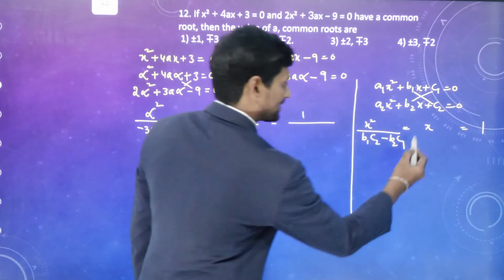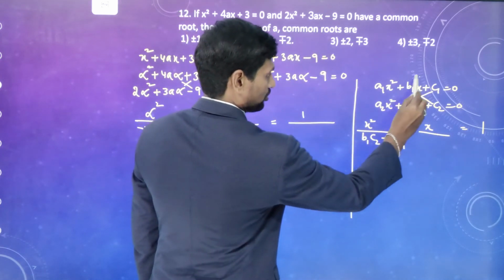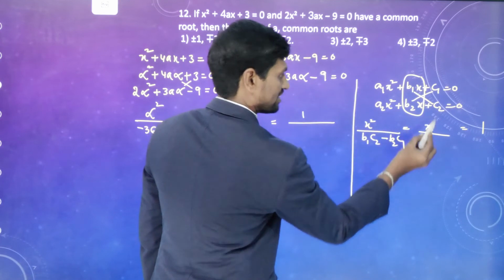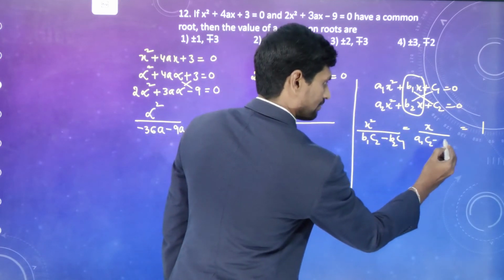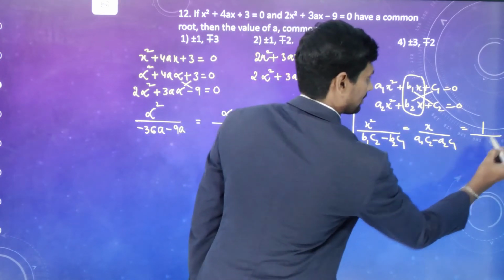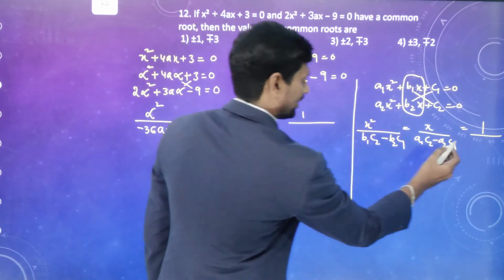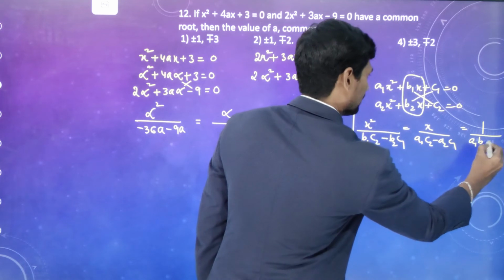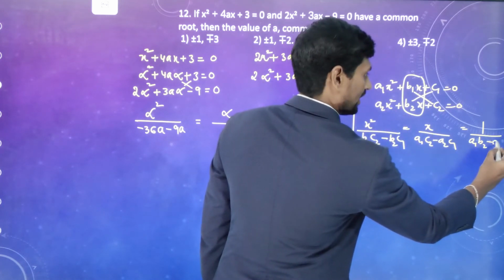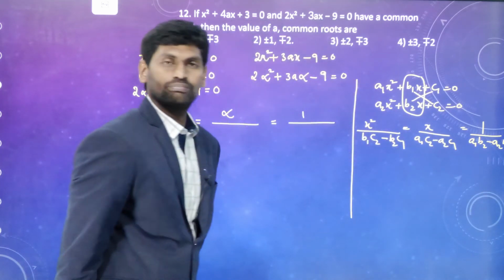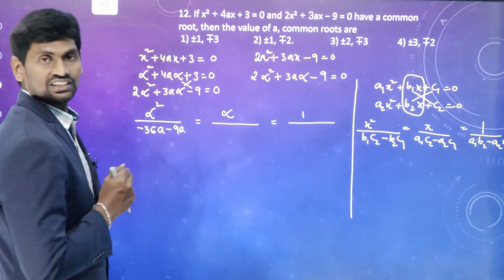X by, except, that means closing the x term, a1 c2 minus a2 c1. The middle minus we should take. In the same way the constant term, leaving the last one, a1 b2 minus a2 b1. Like this we should compare. Same order I am writing here.